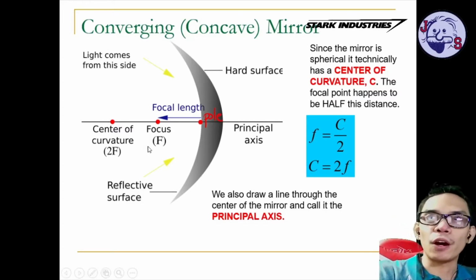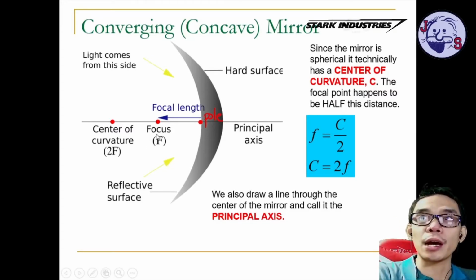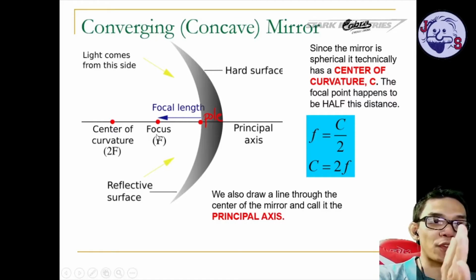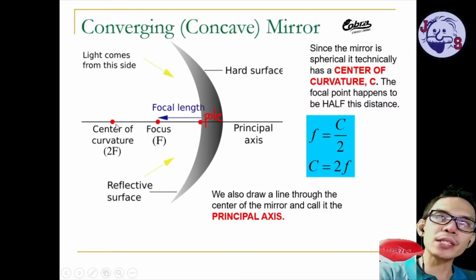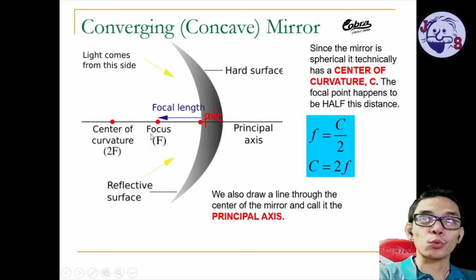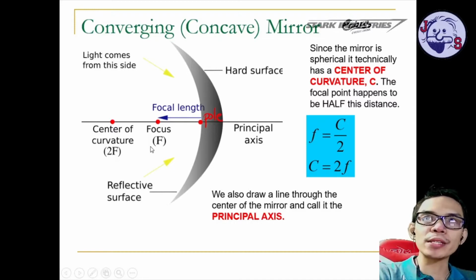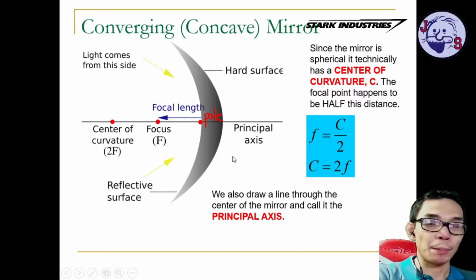Again, the focus is half the distance of your center of curvature. The center of curvature is twice the distance of your focus. Based on its formula, that is 2f.